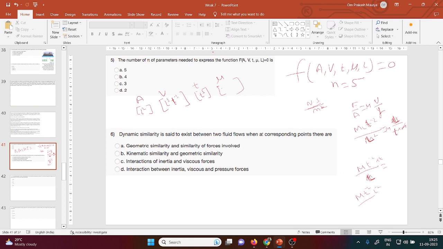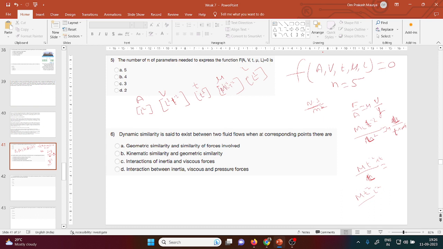So this is M^1 L^-1 T^-1. I think this is correct. If not correct, we will see. Here we just see how much you required, and one thing is L. Your L is represented by some length given. So this is L power 1.